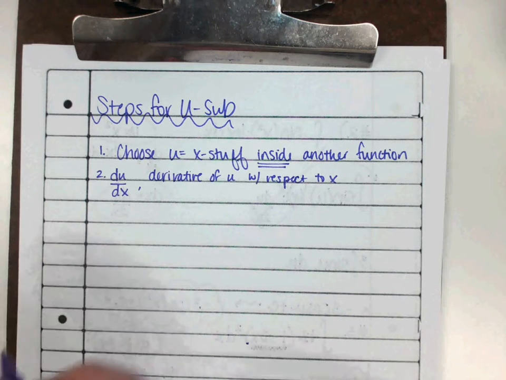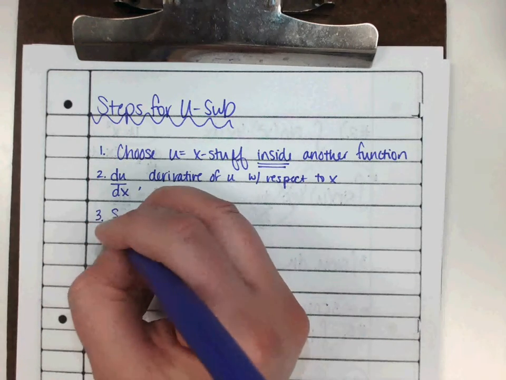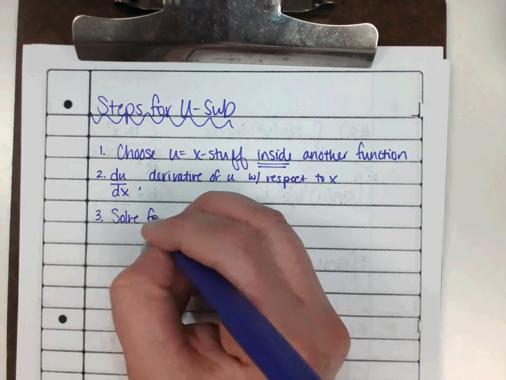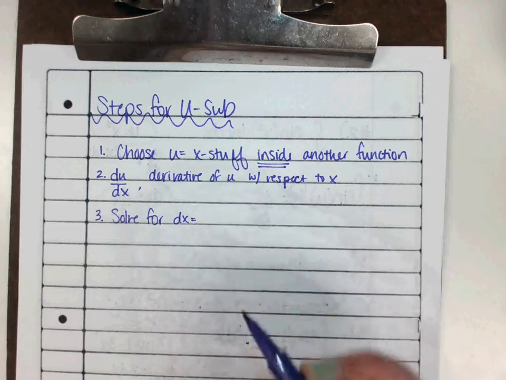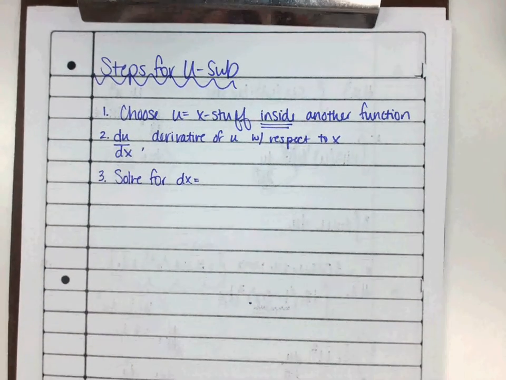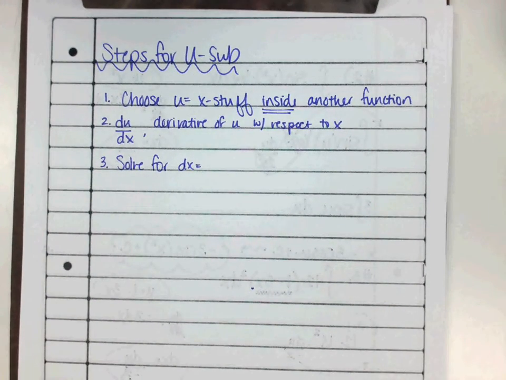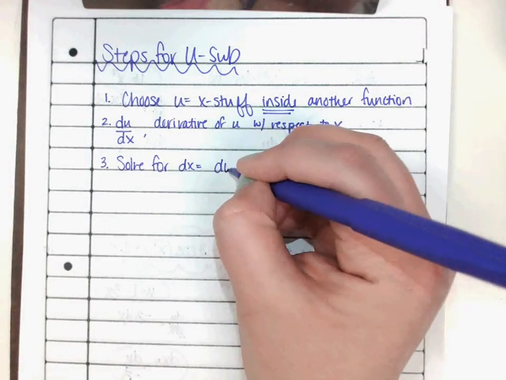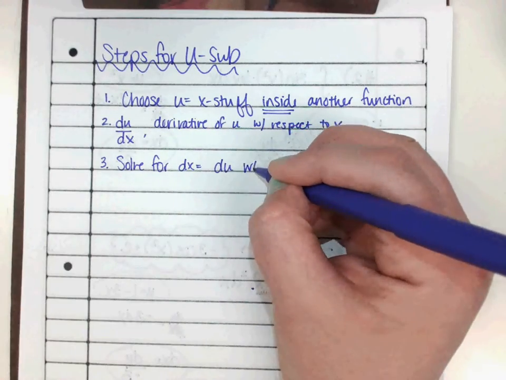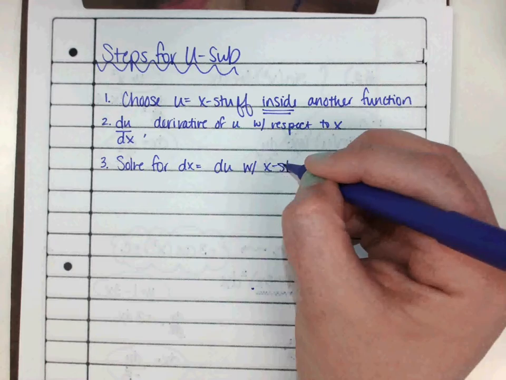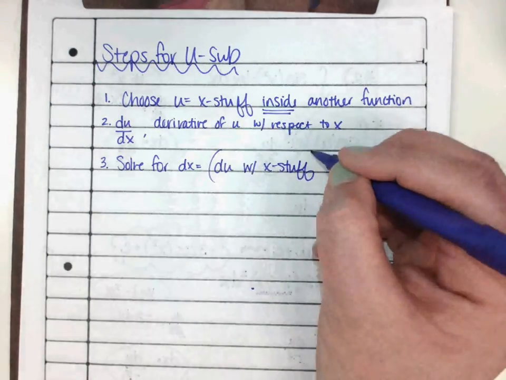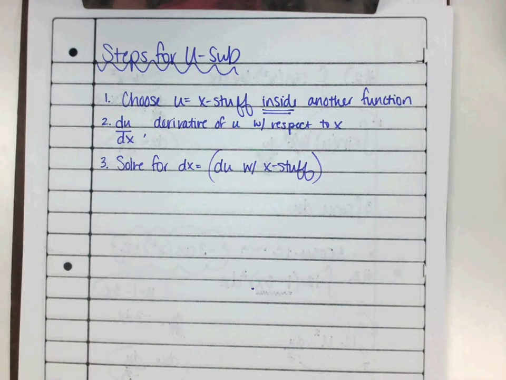Step number 3, I'm going to solve for dx equals, and it should have a du with more x stuff. So your dx should have a du in it, and then just more x stuff from your integral.